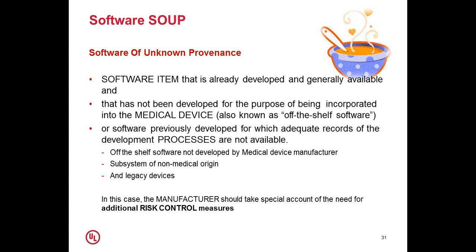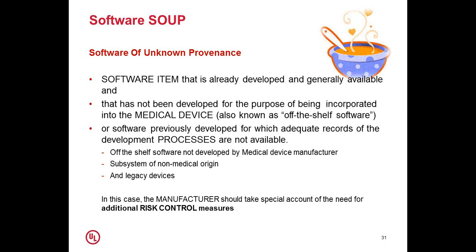For example, a medical device manufacturer like you may have developed software long ago when there was no process existing, and this kind of software will be considered a legacy product. Off-the-shelf software not developed for the medical device, subsystems, and legacy devices come under software of unknown provenance.